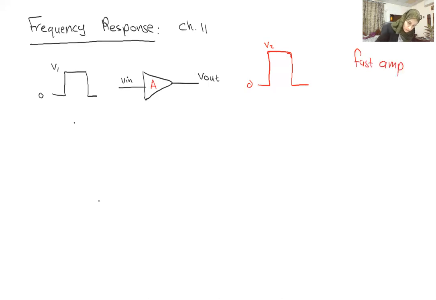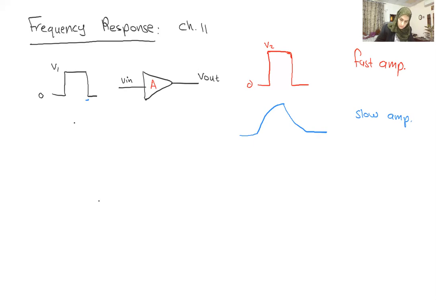If the behavior looks something like this, where it tries to reach the value of V2, and then once the V in stops here and goes back down to 0, it discharges back and behaves like this, we call this a slow amplifier. Ideally we don't want our amplifier to behave in this way.